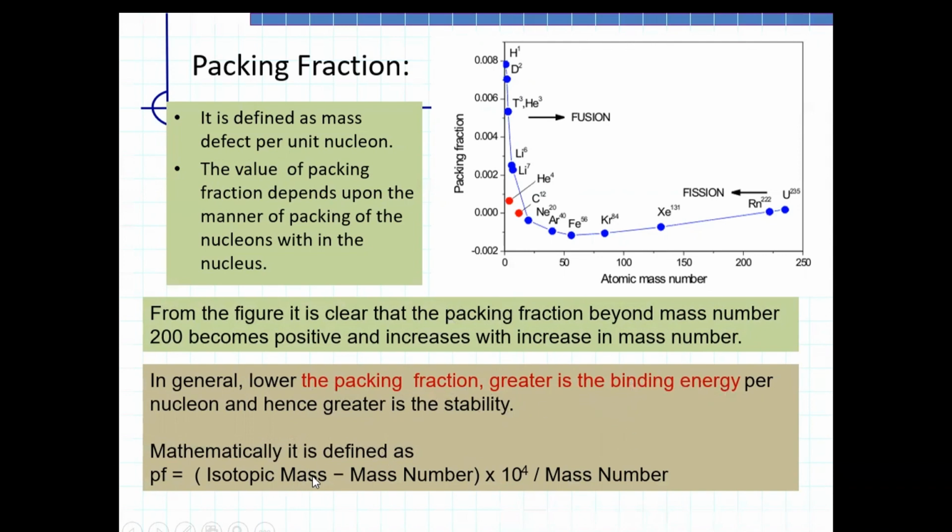Mathematically, the isotope mass minus the mass number, multiplied by 10 to the power 4 and divided by the mass number, gives the packing fraction. This is to normalize it to a larger value so that we can read it and explain it, but the packing fraction is the mass defect per nucleon.